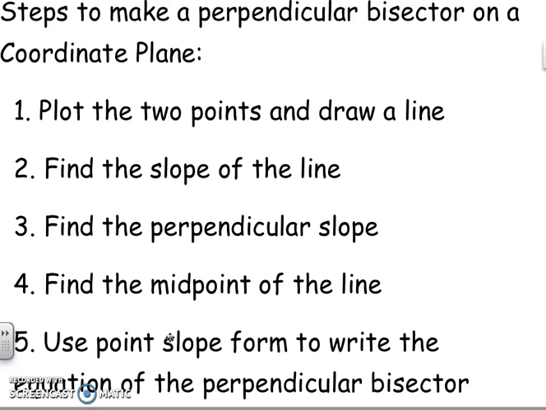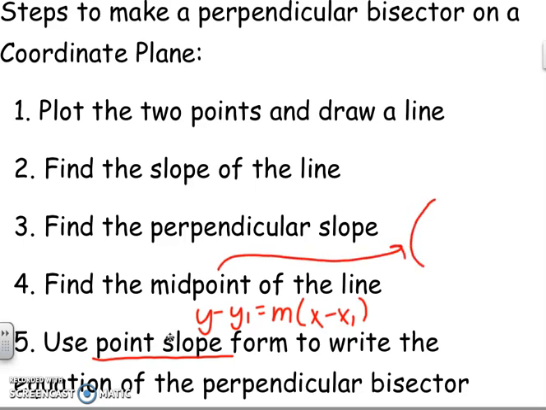If you forgot point slope form, it's y minus y1 equals your slope times x minus x1. And if you forgot how to find the midpoint, you add your x's and divide by 2, and then you add your y's and divide by 2.